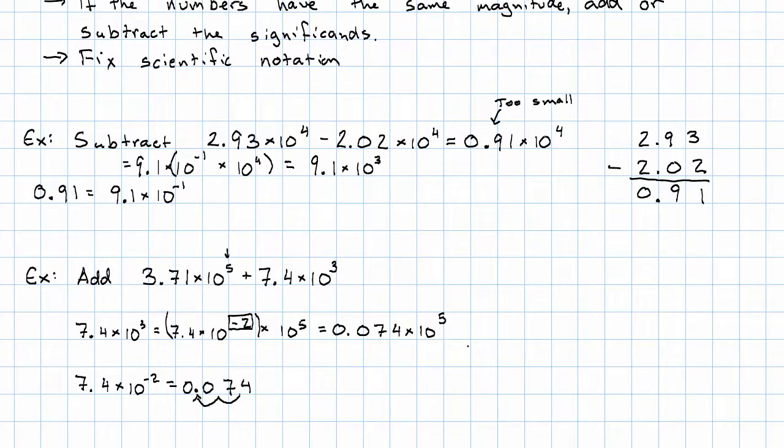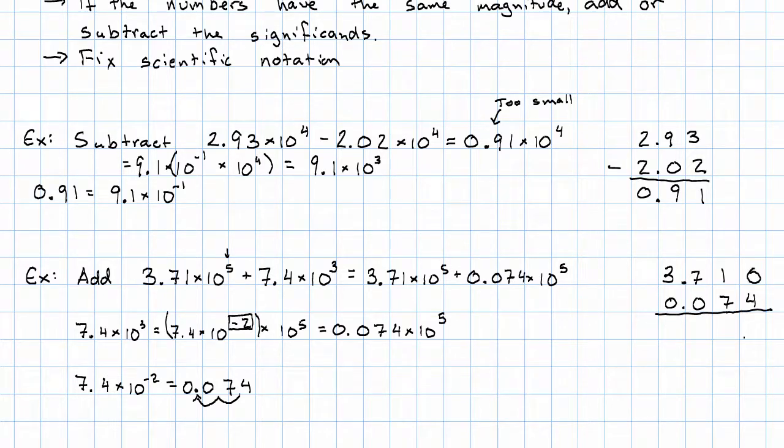Again, that's badly formed, but now it lets me do my arithmetic. Right, I've got my 3.71 times 10 to the 5th plus 0.074 times 10 to the 5th. Add the significands. 3.71 plus 0.074.